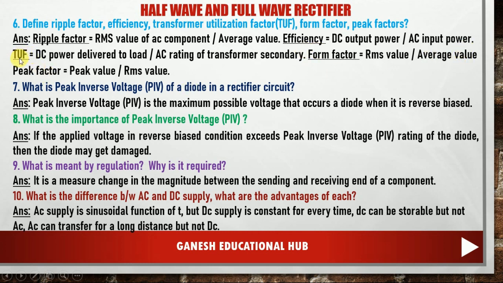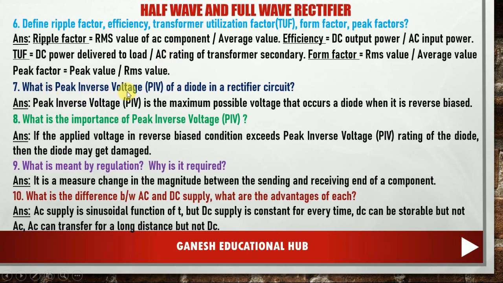Next, transformer utilization factor, TUF: DC power delivered to the load divided by the AC rating of the transformer secondary. Next, form factor equals RMS value divided by average value. Next, peak factor equals peak value divided by RMS value. These are the most important definitions in rectifiers.